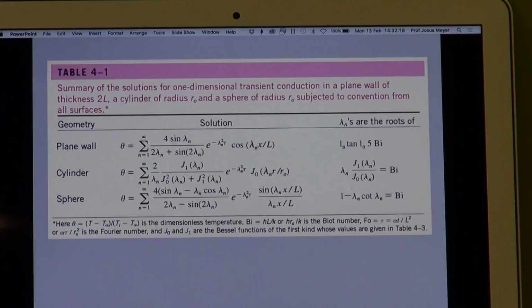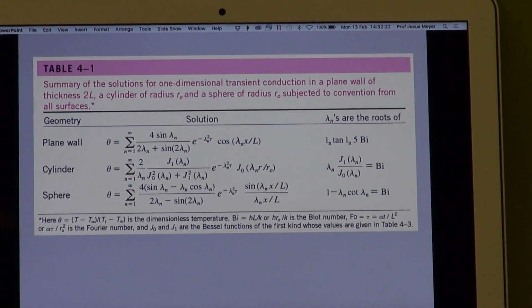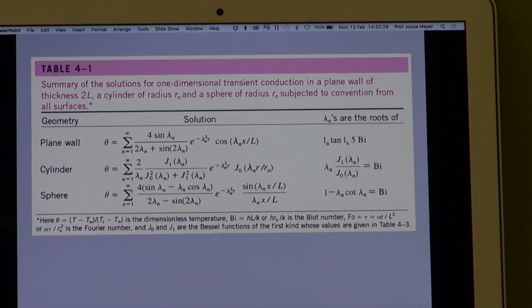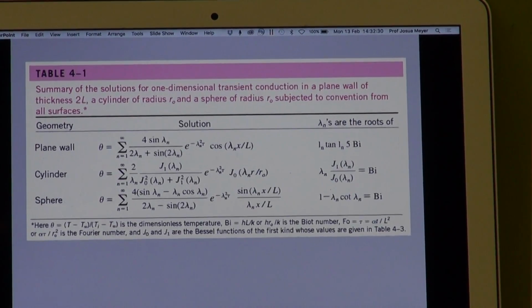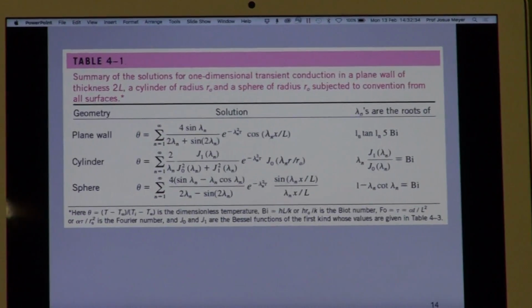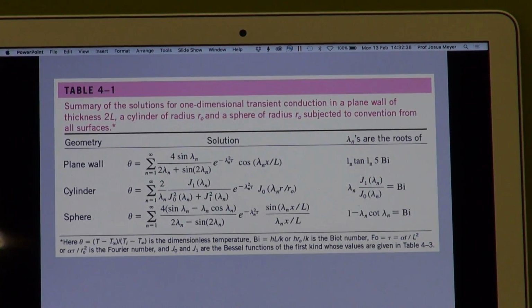Together with that were some graphical solutions for the plane wall, the cylinder, and the sphere, which are called Heisler charts. And on it, you can also get typically the non-dimensionalized temperature as a function of the Biot number and the specific position where you want the solution.